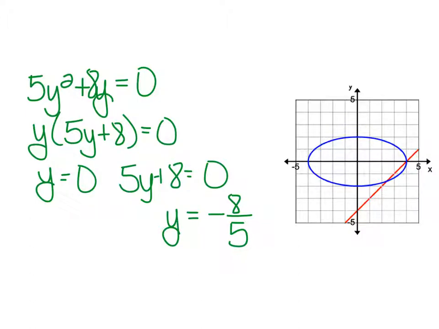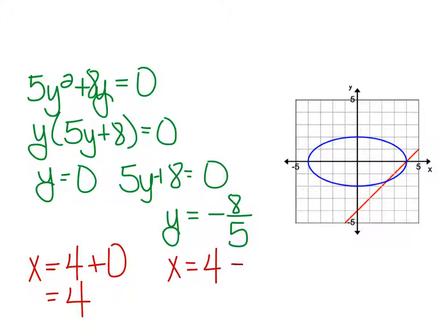So we had x solved for. It's 4 plus y. So we had y is 0. We'll plug that in, and so x is just 4. And then we have x equals 4 plus negative 8/5. That gives us 12/5.